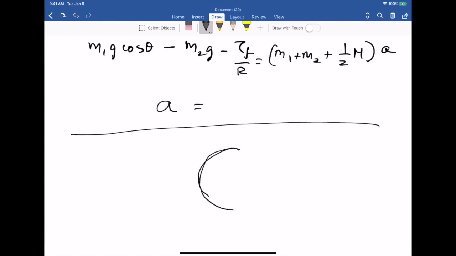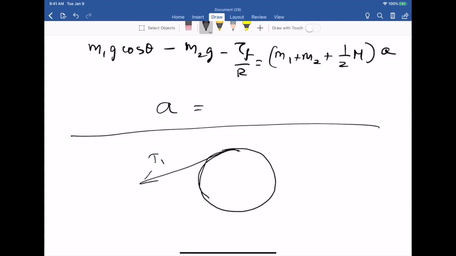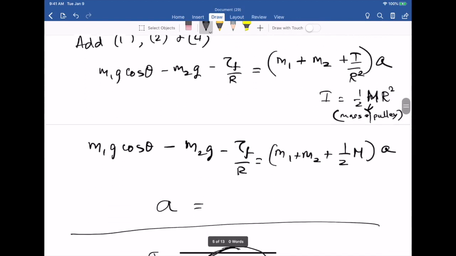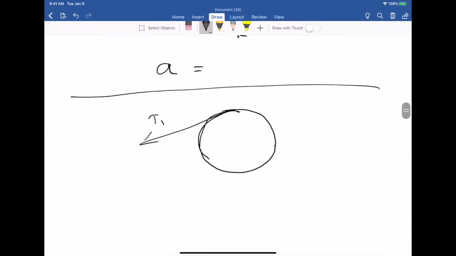Now suppose you have a pulley like this, and there is a tension force T1 going this way, and another tension force, did we call this T1 or T2? It doesn't really matter. Yeah, so that one was T1 and this one is T2. The radius of the pulley is R. Okay, ignore the friction of the pulley for now, just to make things simple. So what is Newton's second law for the pulley?